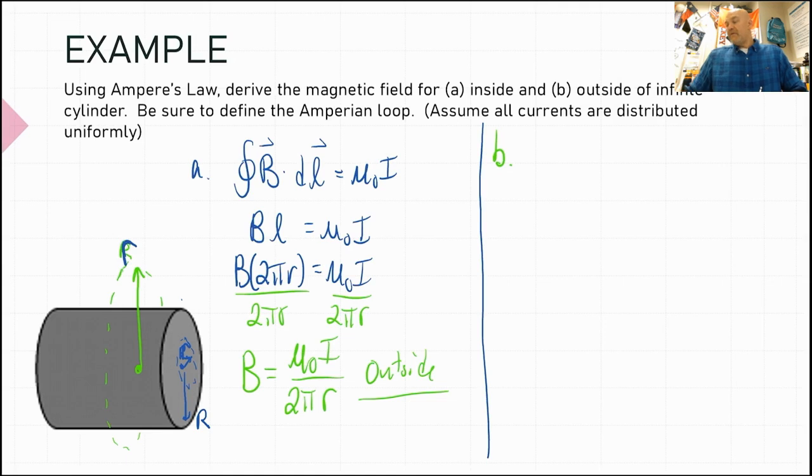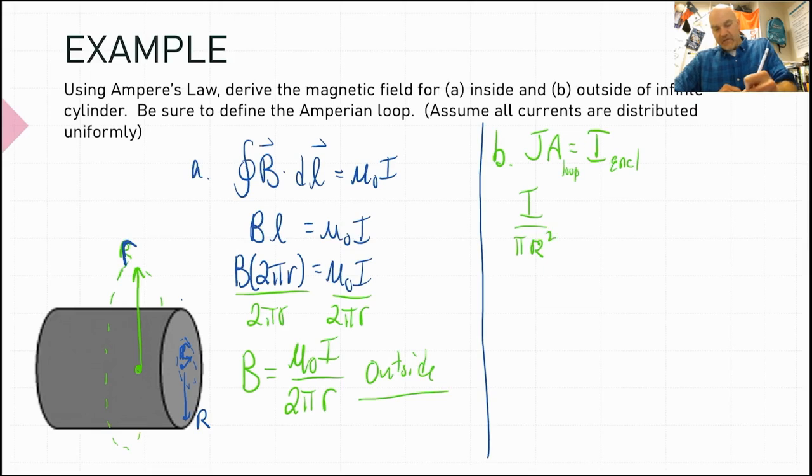Now when we go inside, we have some more steps. The current density times the area of our loop is going to be equal to the current enclosed. J is I over pi R squared, and that's for the entire cylinder.